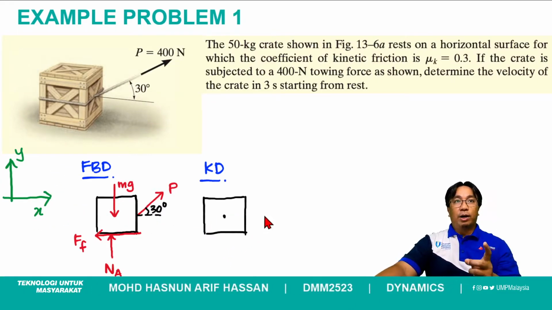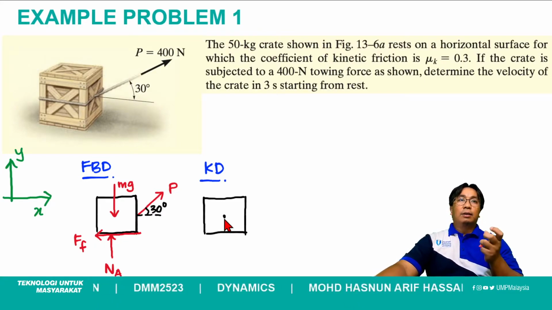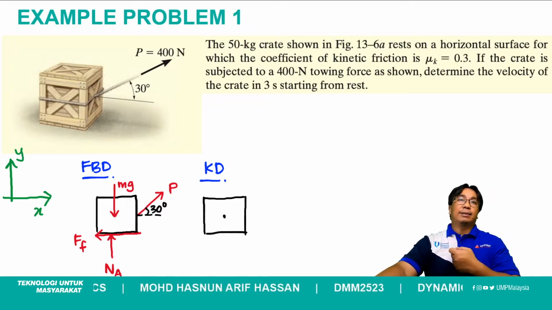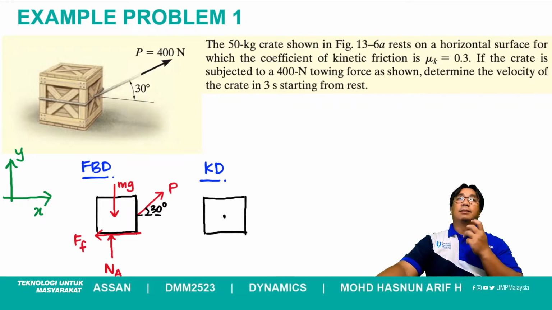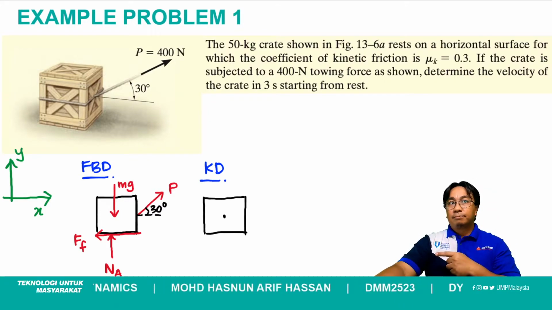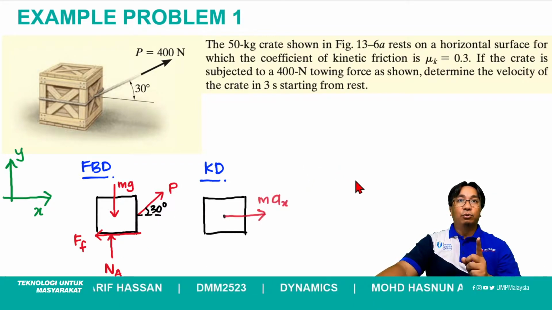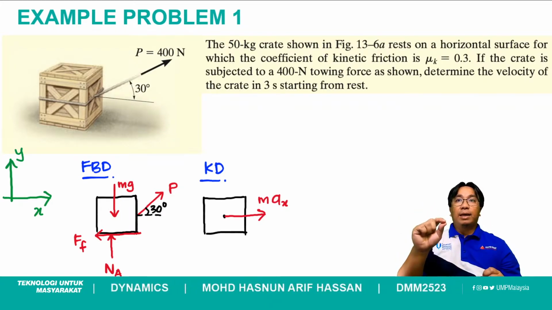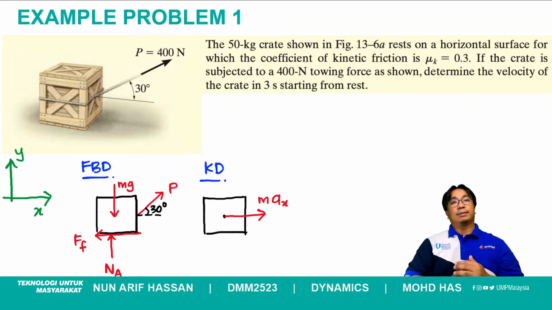Okay, now I want to ask you, will the box move in the x-axis? Yes, the box will move in the x-axis, to the left or to the right? To the right. Okay, so that is the first arrow that you will draw. You will draw one arrow to the right and you write max, the mass multiplied by acceleration in the x-axis.